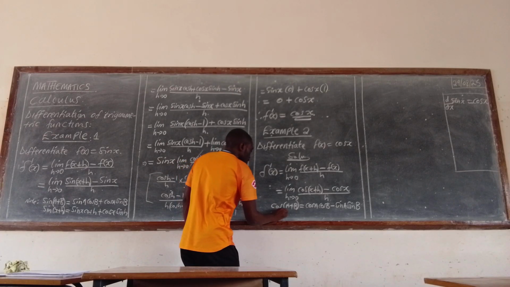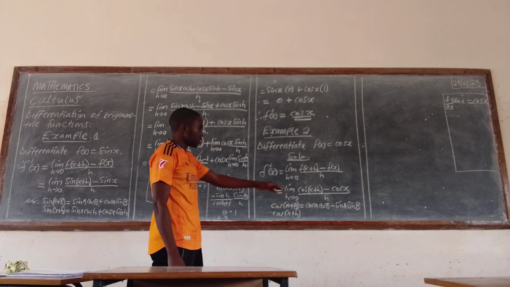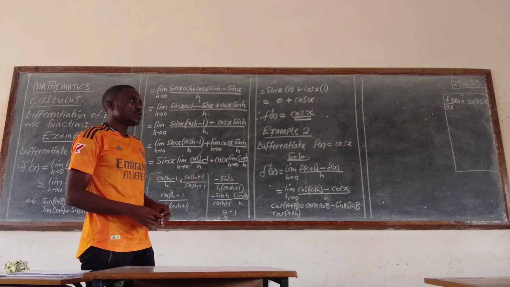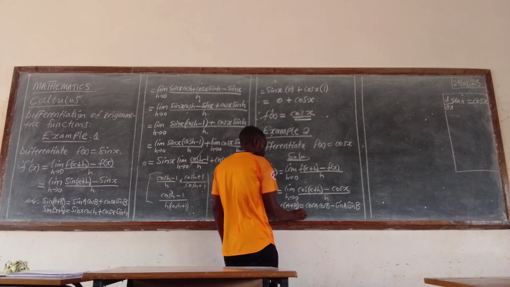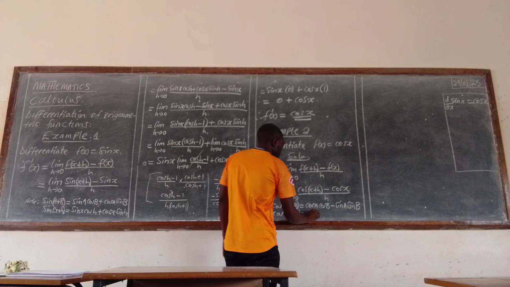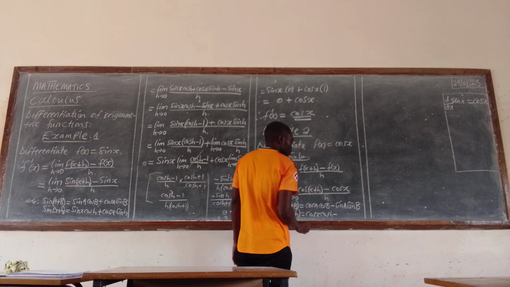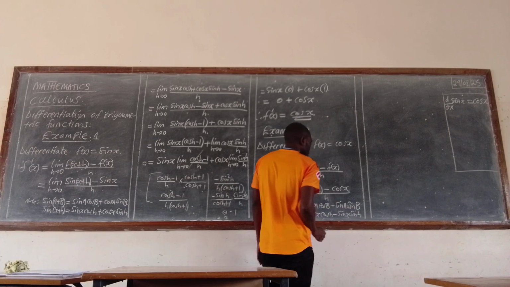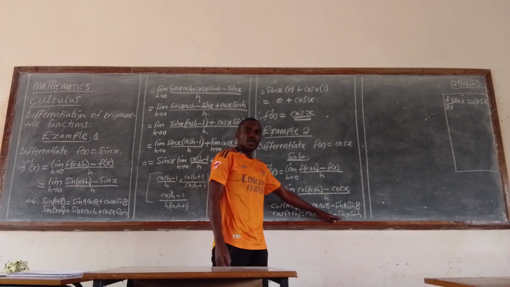Now that we have it in terms of x and h, it's just replacing in that identity. Where there is a, we replace it with x, and where there is b, we replace it with h. We have cos x cos h minus sin x sin h. This is just the same as this.